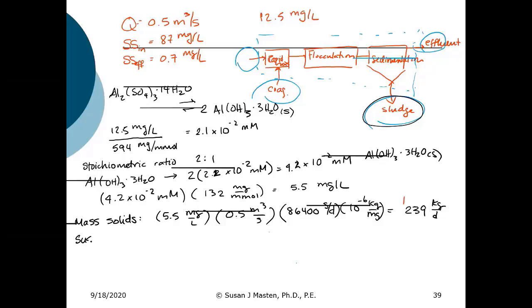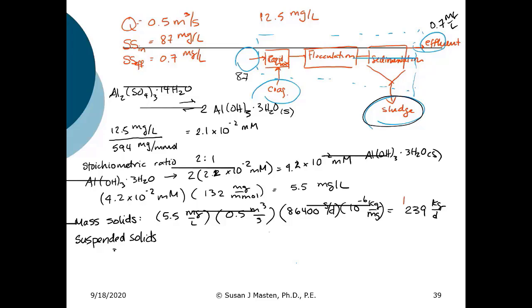In terms of suspended solids, we also want to remove those. We had 87 milligrams per liter, and we have 0.7 milligrams per liter leaving. So remember, again, you're looking at your mass balance through this system.